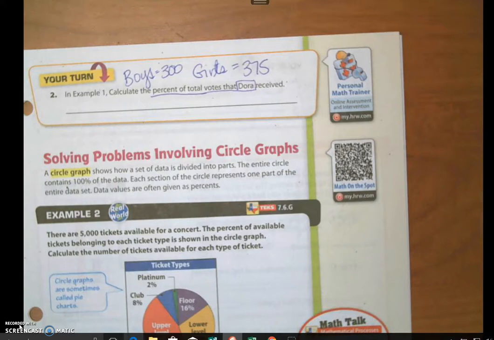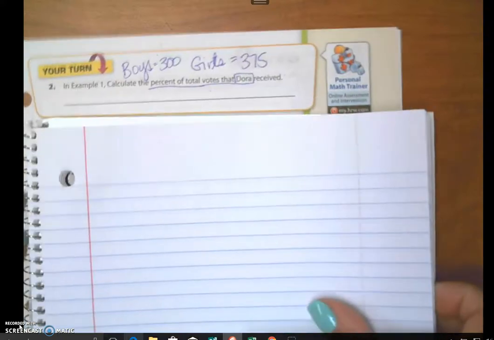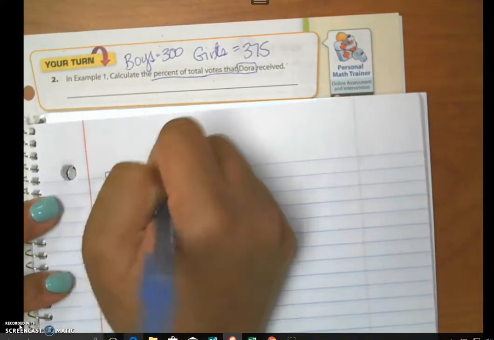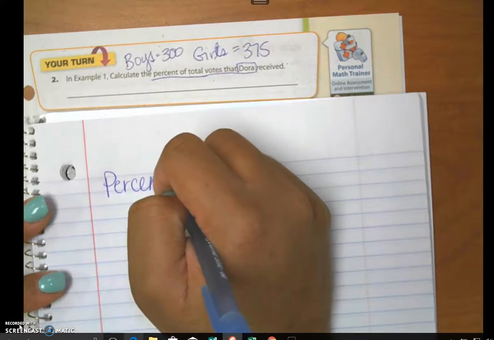So, for this particular question, they're asking for a total percent. When they ask for a total percent, it can be calculated two ways.